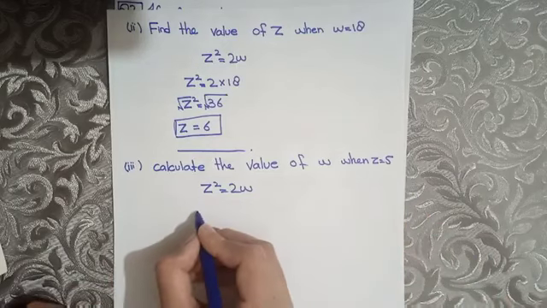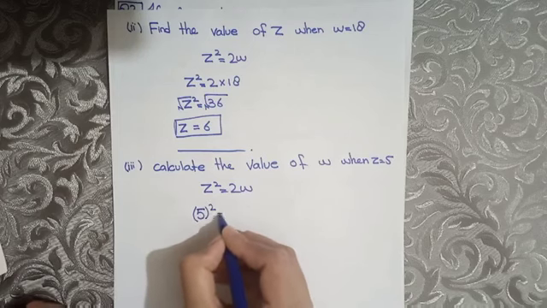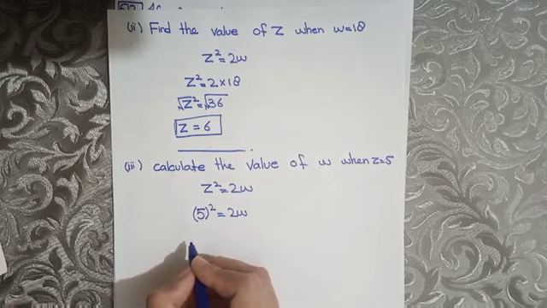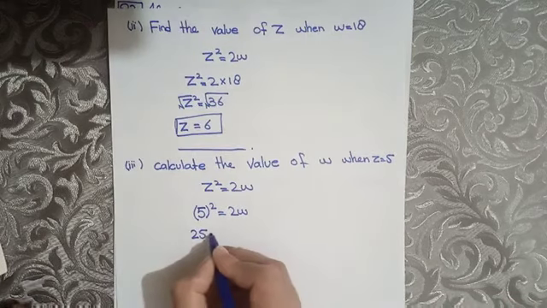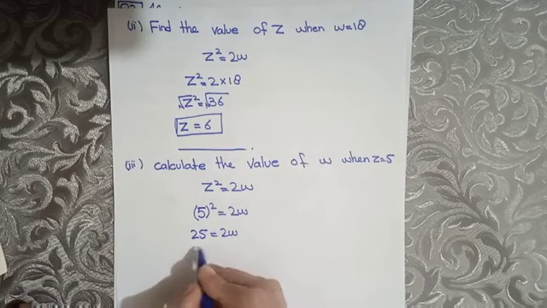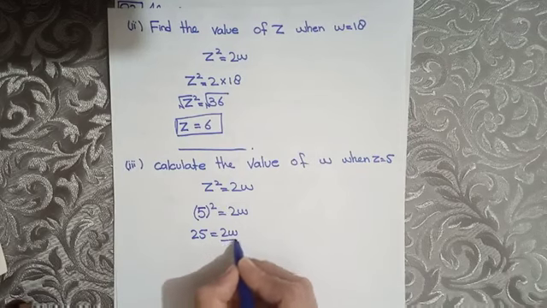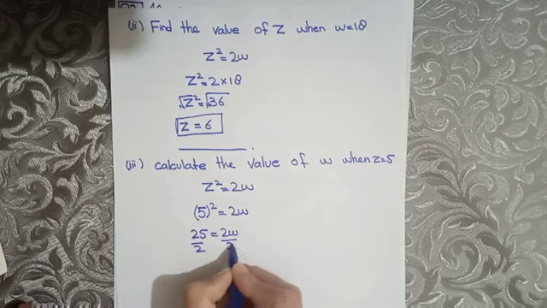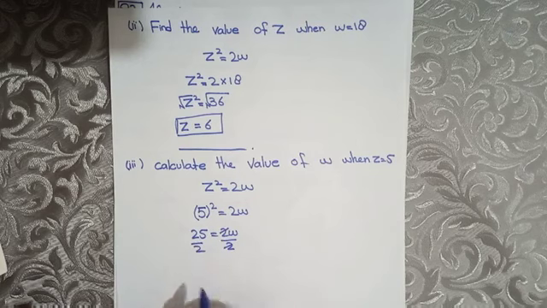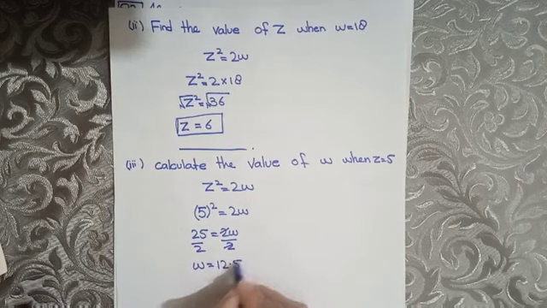Putting the value of z, 5 whole square is 25, so 25 is equal to 2w. To find the value of w, we have to divide by 2 on both sides. 25 divided by 2, w is equal to 12.5.